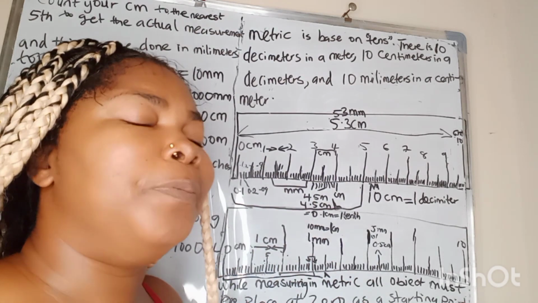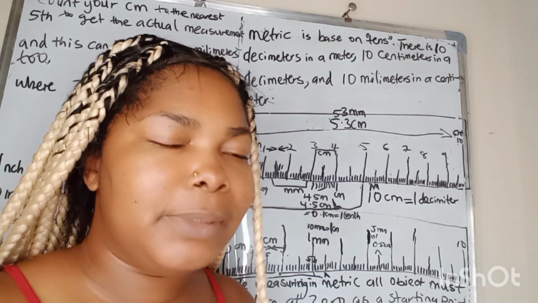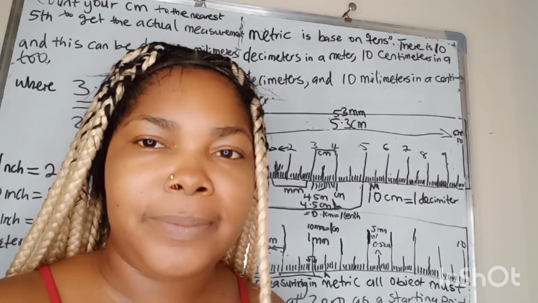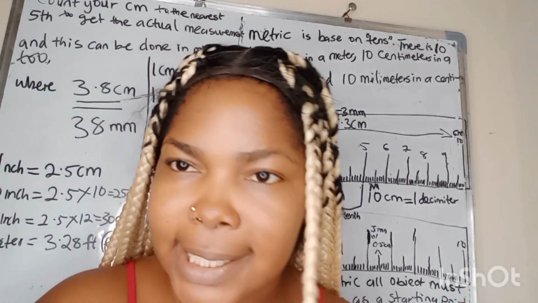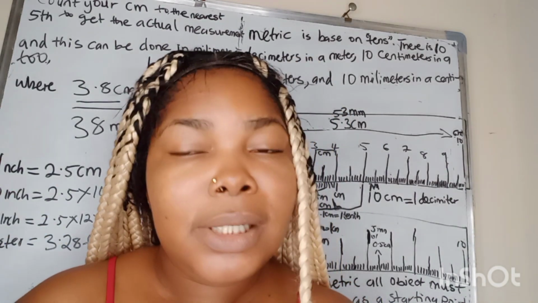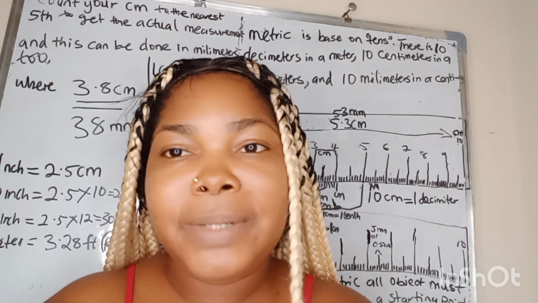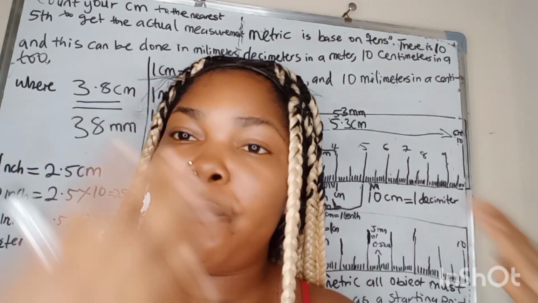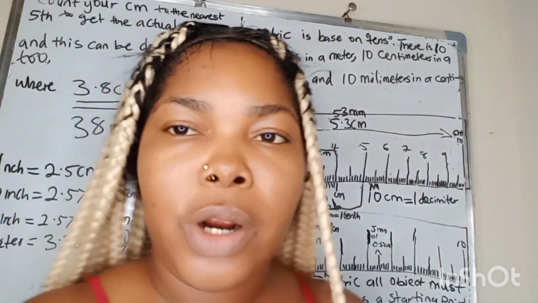So if you were to measure 2 centimeters, for instance, it means you're going to have 20 millimeters that makes 2 centimeters. It is 30 millimeters that makes 3 centimeters. It is 40 millimeters that makes 4 centimeters. So you count it, so on and so forth, right?